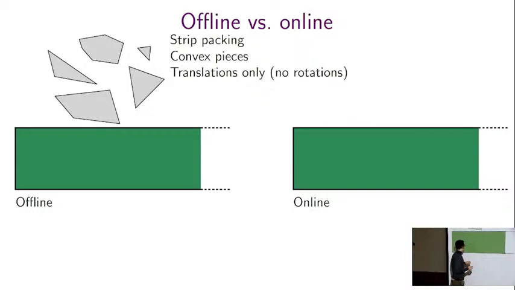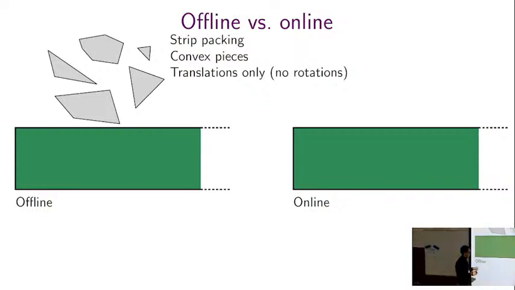So that means that our container is a strip like this, so it's unbounded to the right, and we want to use as little of it as we can. And then we are looking at convex pieces, so convex polygons. We want to pack convex polygons here. And we are looking at translations only, with the motivation from fabric cutting.